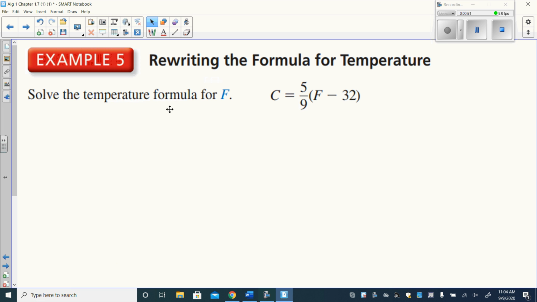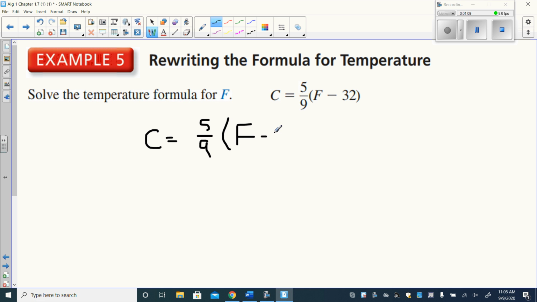So our first one is solve the formula for F, for our degrees in Fahrenheit. So we have Celsius is equal to 5/9 times F minus 32. Now normally we would divide by 5/9, but what I'm going to do is multiply by 9/5.